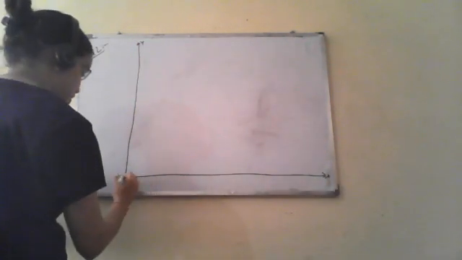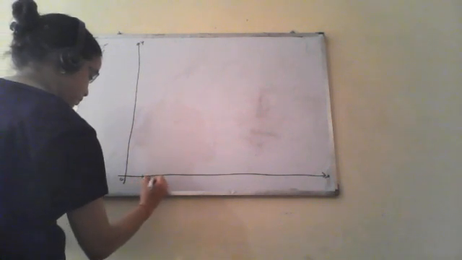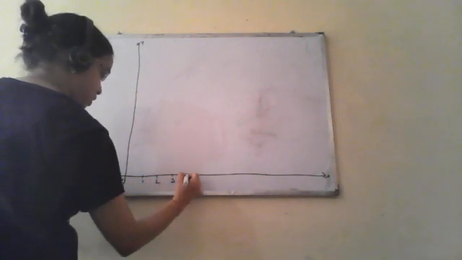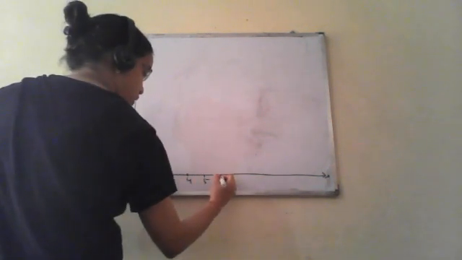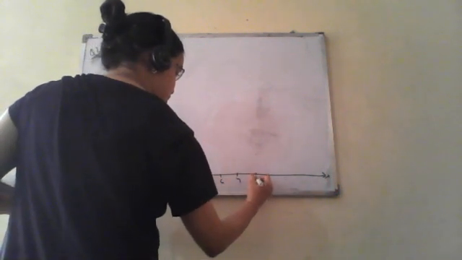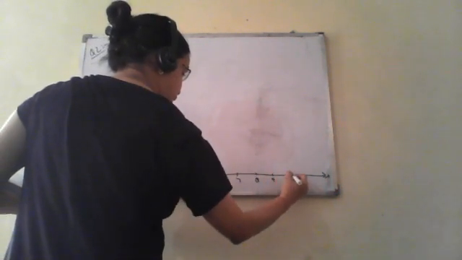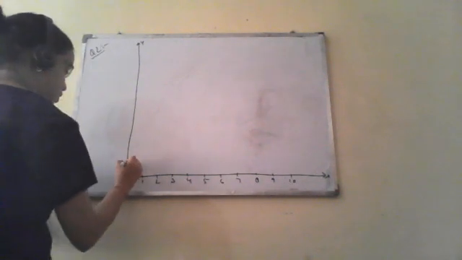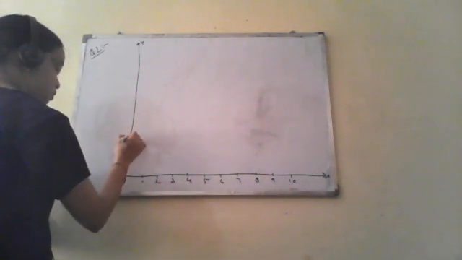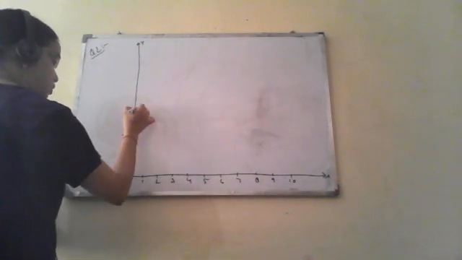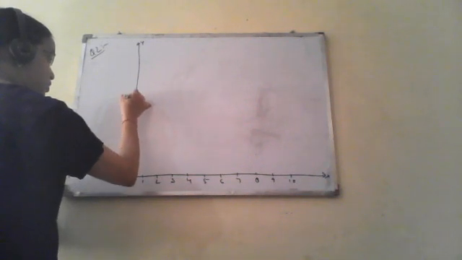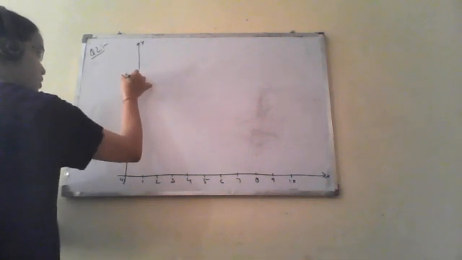This is x, this is y, this is 1, 2, 3, 4, 5, 6, 7, 8, 9, 10. Here it is 1, 2, 3, 4, 5, 6, 7, 8, 9.